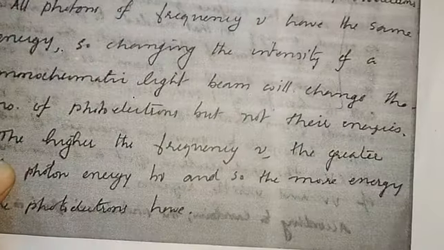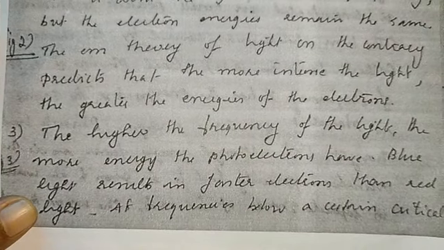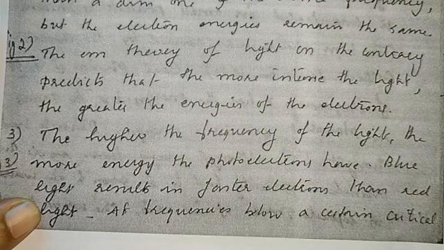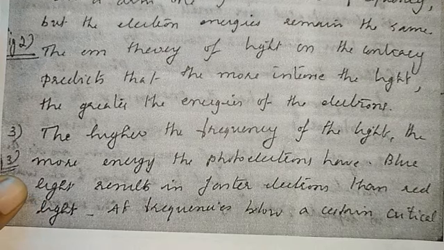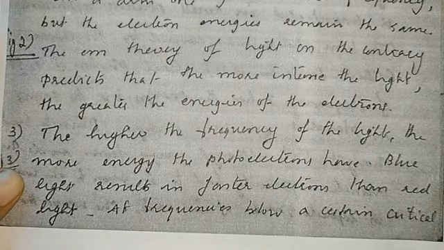So we could see from experiments that the higher the frequency of the light falling on the metal, the more energy the photoelectrons will have. So if blue light is falling on the electrons, it will result in faster electrons.